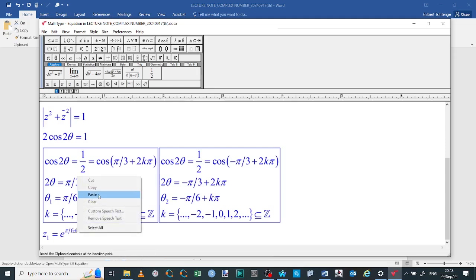That's a set, and all these I can put there.